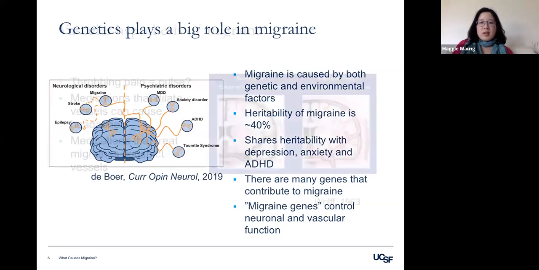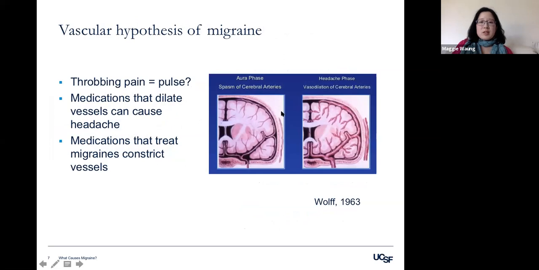And the control of blood vessels actually has been a long hypothesis of what was causing migraine. So this is an older hypothesis, thinking that during the headache phase, dilation in arteries inside the brain was what caused headaches, because a lot of the medications we use to treat headaches tended to constrict the blood vessels.